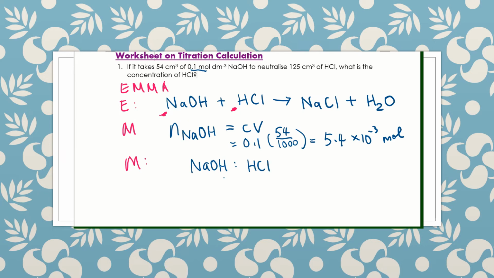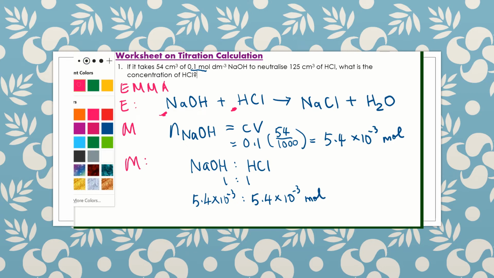If there's no number, it is always denoted as 1. And you have 5.4 × 10⁻³. Sodium hydroxide to HCl is 1 to 1. Therefore, the number of mole for hydrochloric acid is the same as sodium hydroxide. Ratio 1 to 1.